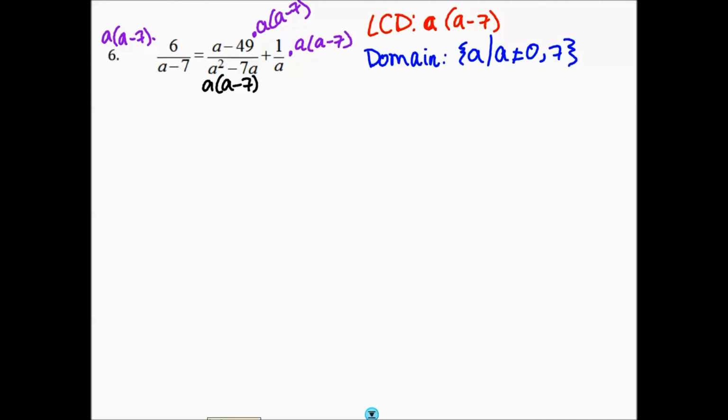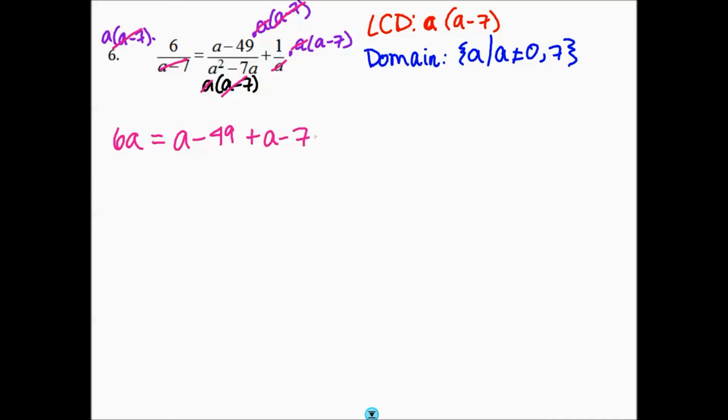Then we can cancel. A minus 7's cancel in the first fraction, so we're left with 6 times a. The a and a minus 7 cancel in the second fraction, so we're just left with a minus 49. And in the third fraction, the a's cancel, so we're left with 1 times a minus 7.